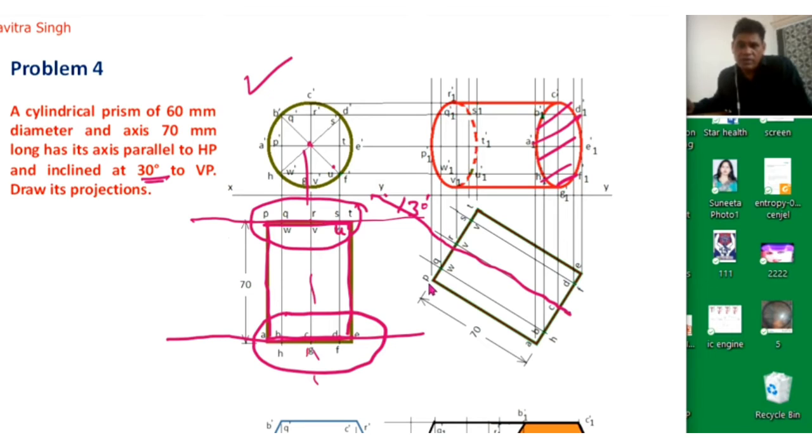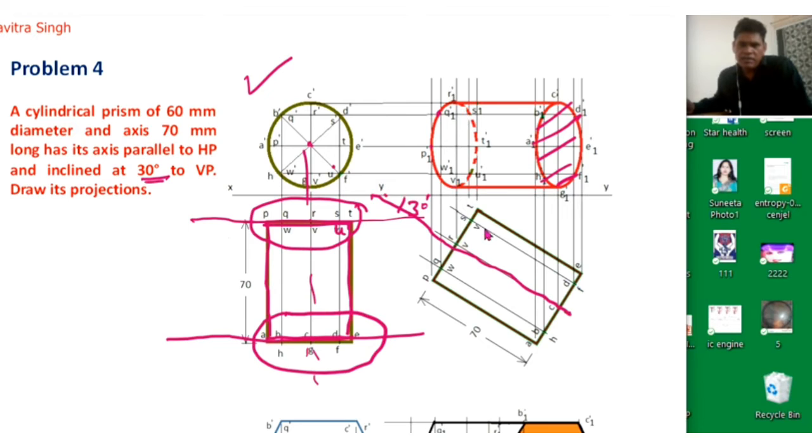So we will draw a vertical line from point P, horizontal line from P dash, so we will get this point P1. Similarly, vertical line from point Q, horizontal from Q dash, so this will be point Q1 dash. Vertical line from R, horizontal line from R dash, so we will get this R1. Vertical line from point S, horizontal line from S dash, so we will get this surface actually.